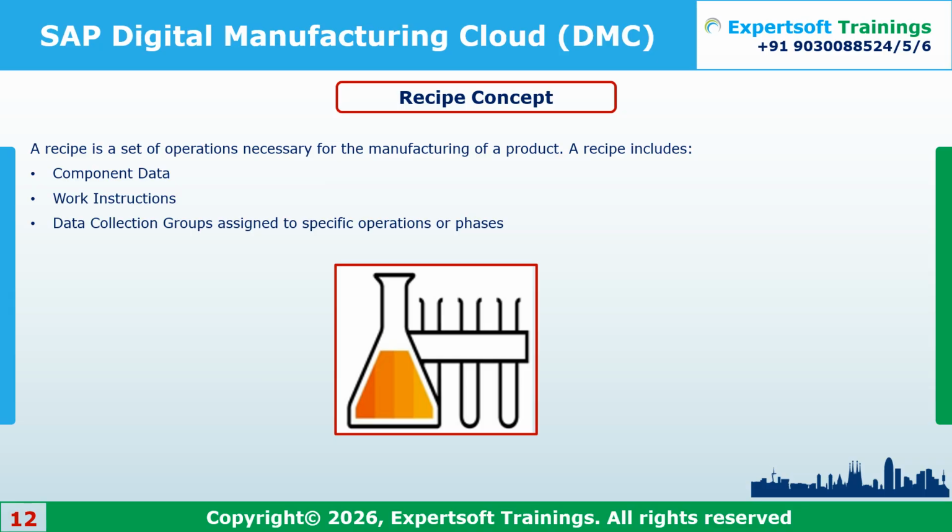Okay, so the recipe concept is again the same thing as routing. Here we have the component data, work instructions, and the data collection groups. Like I mentioned, every industry will have a specific set of master data and transaction data. So from the process point of view, we have the component and the work instruction. That is the new thing in DM.